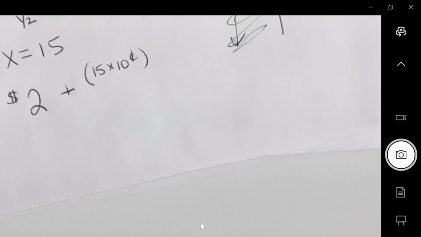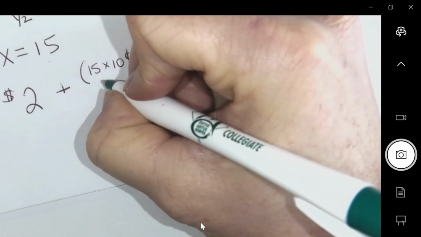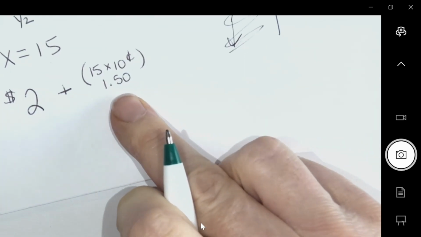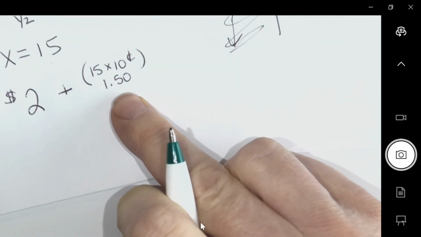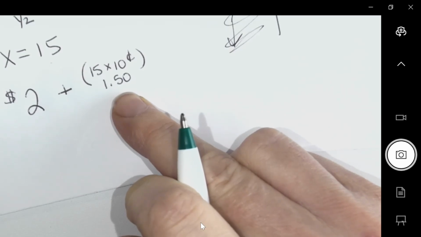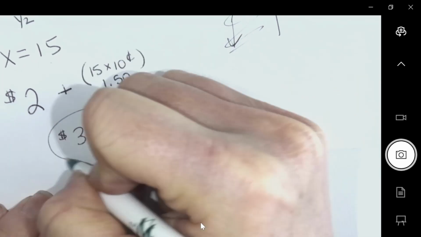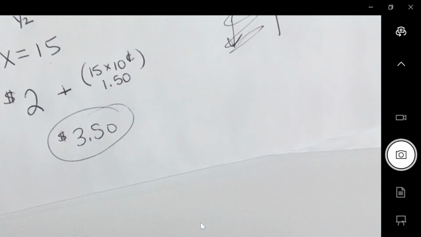No. Is it $1.50? $3.50? This is $1.50, which means I have to increase by $1.50. No, I thought we were just doing the bracket.